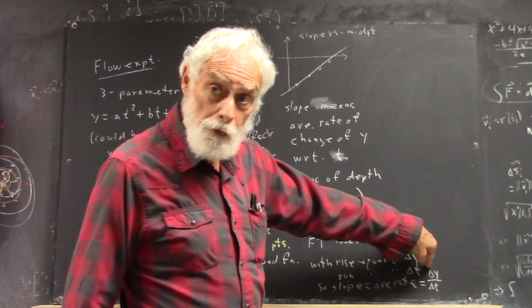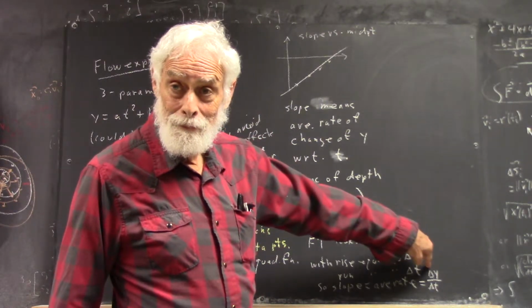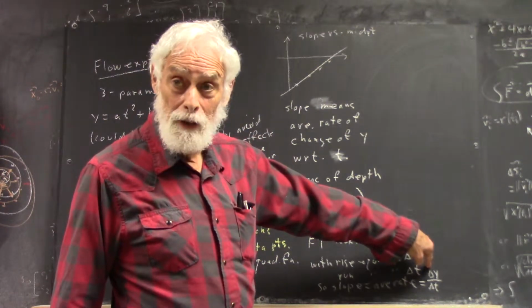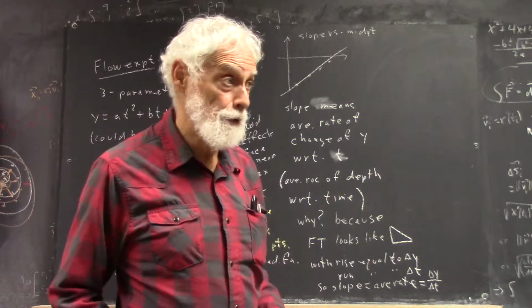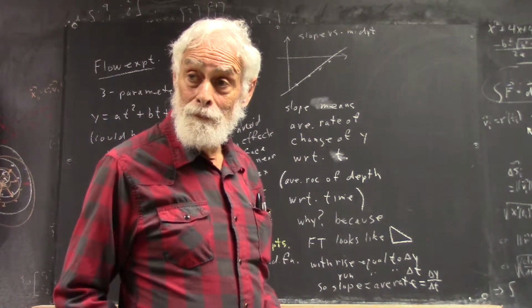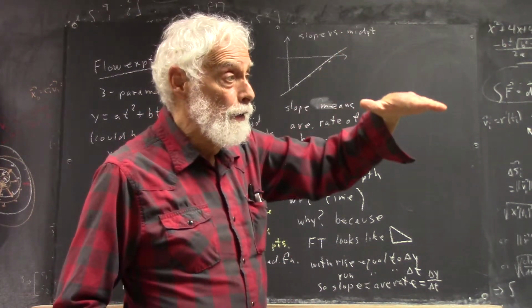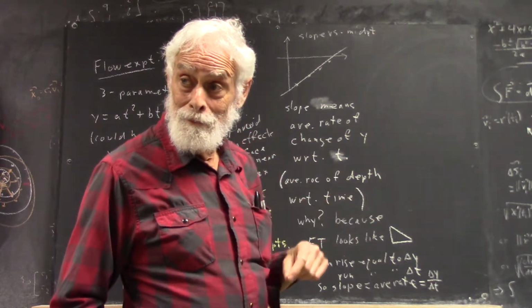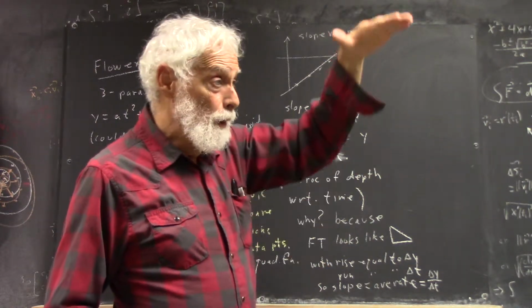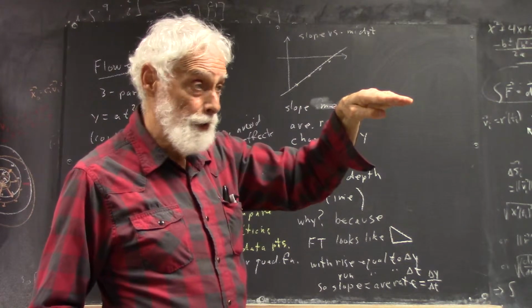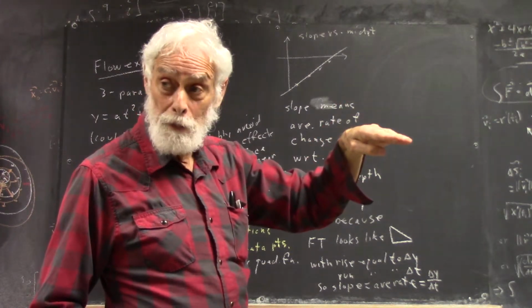What's delta Y measured in? Same thing Y is measured in. Delta Y is the change in your Y value, right? So, you know, water's going down here, your Y value changes. Okay? So maybe the Y value is here when T equals 10 seconds, and it's here when T equals 20 seconds, right?